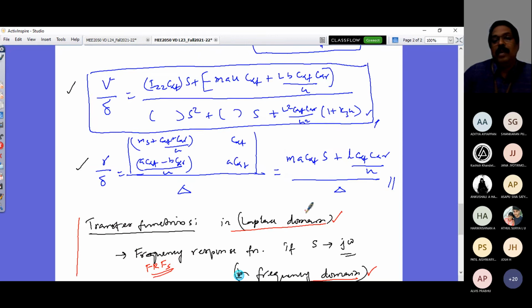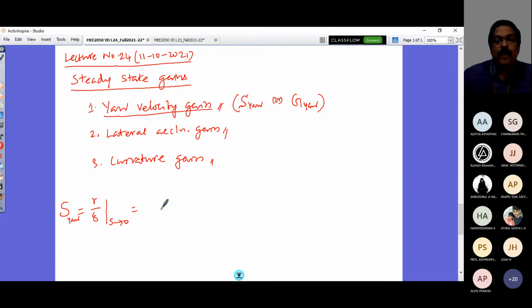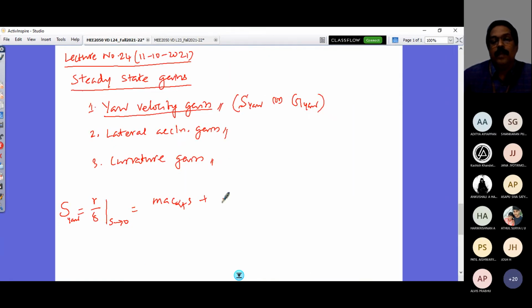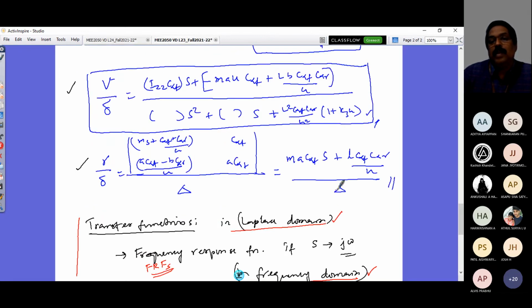So I have this: m a C alpha F into s plus L C alpha F C alpha R by U, divided by s squared plus s plus, here I had this term, which is L squared C alpha F C alpha R by U squared into K3 U squared.